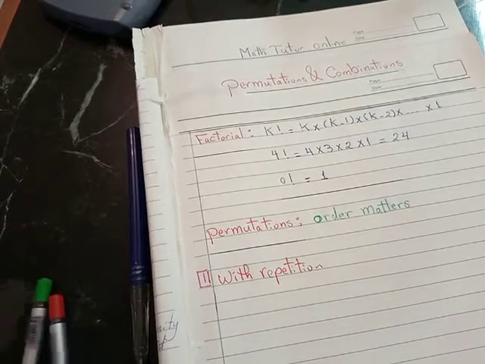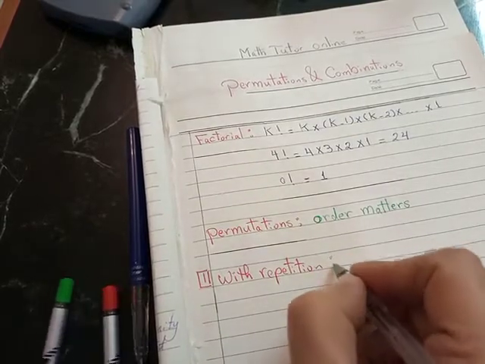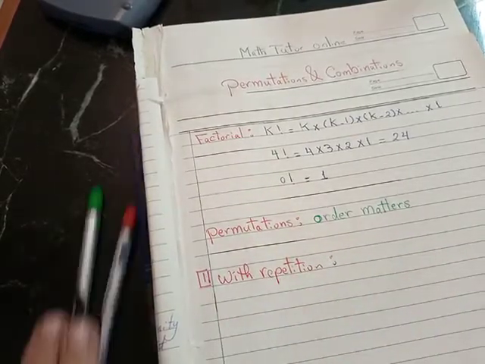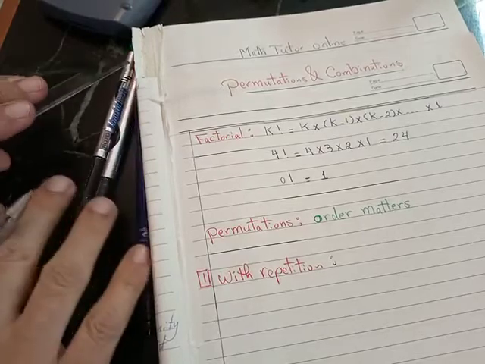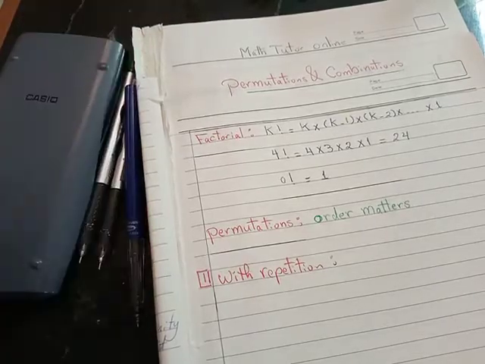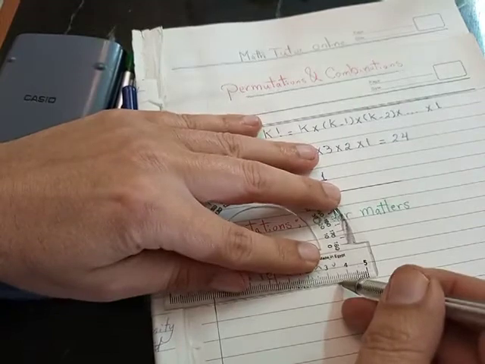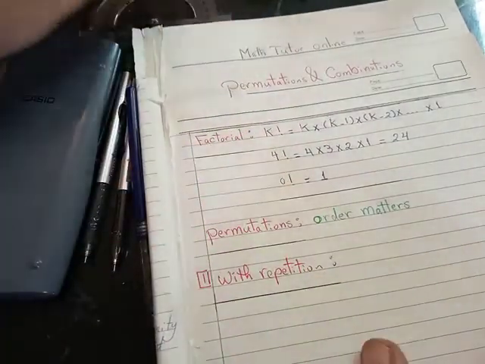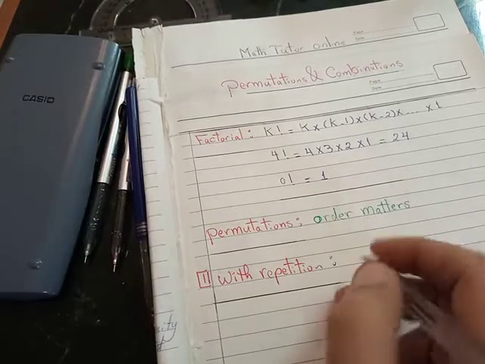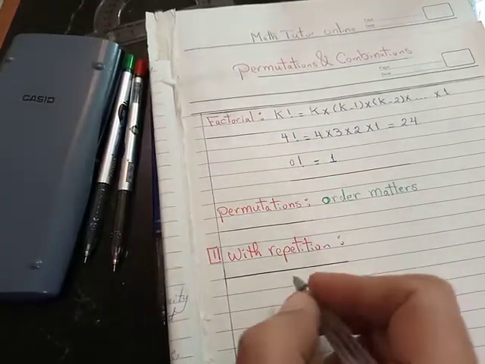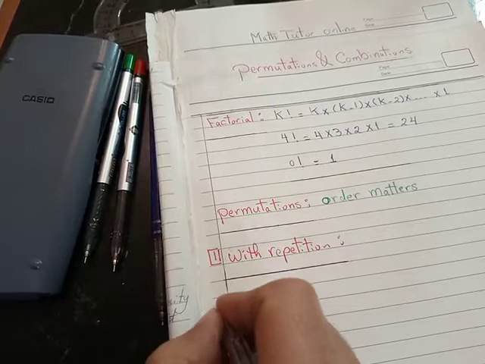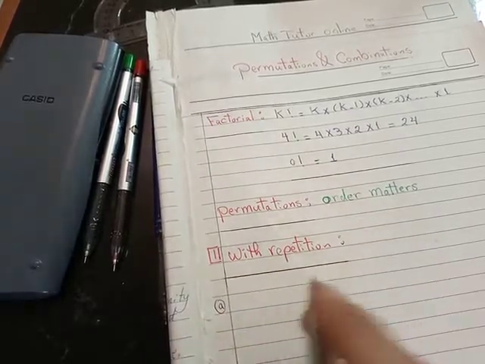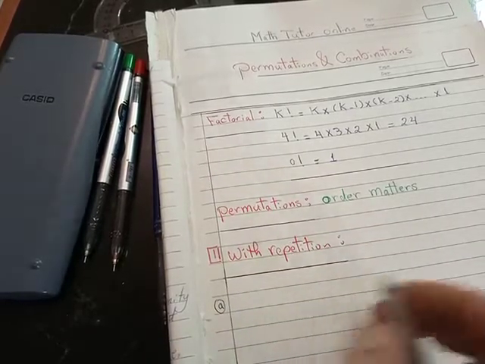And we will study the locker example now. So I will write the rule right after we do the example.